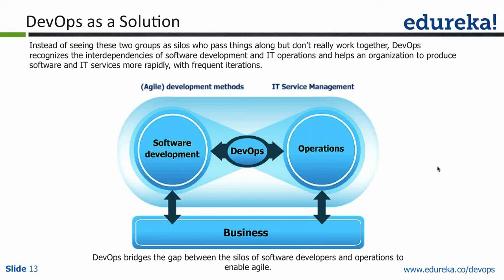As I said, as an organization, you have some business goals to achieve. Within the organization, you may have different responsibilities. You may be a developer, a QA person, or an ops person. For end users or customers, the end goal is that whatever product we develop should be available to them.